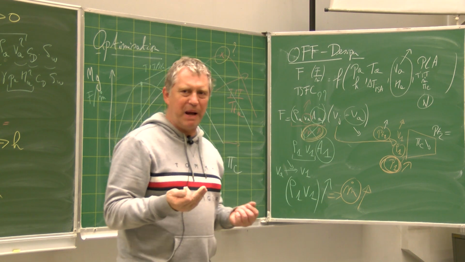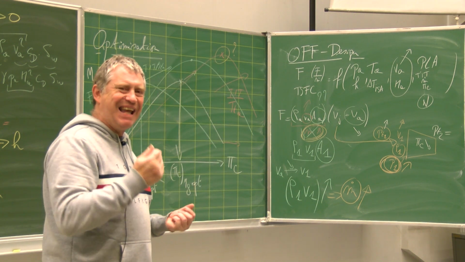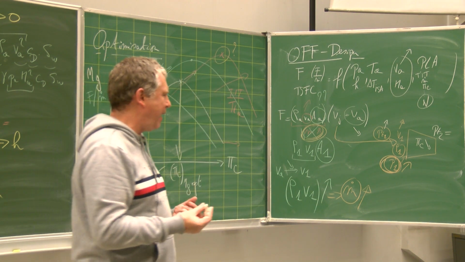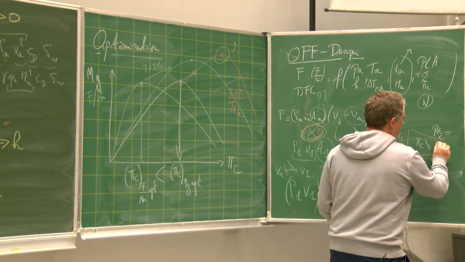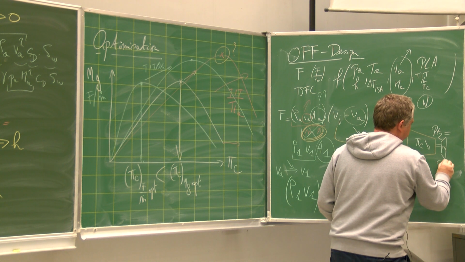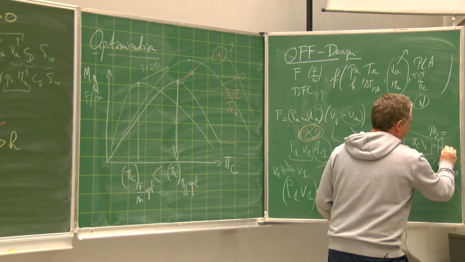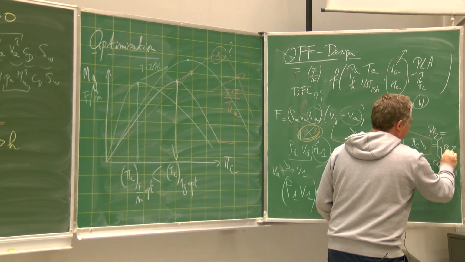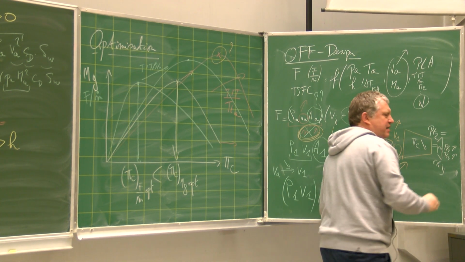And if I reduce my pressure ratio, I take less power out of my turbine. So I have my turbine here, and my turbine will have a lower expansion ratio, and the PT4 and the TT4 will increase.